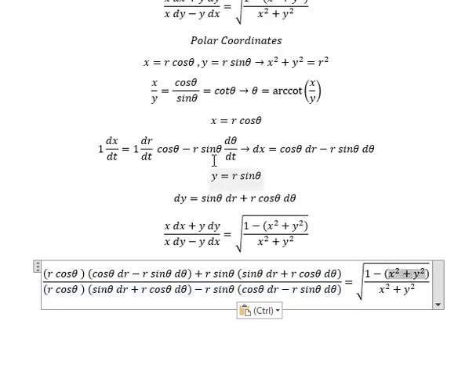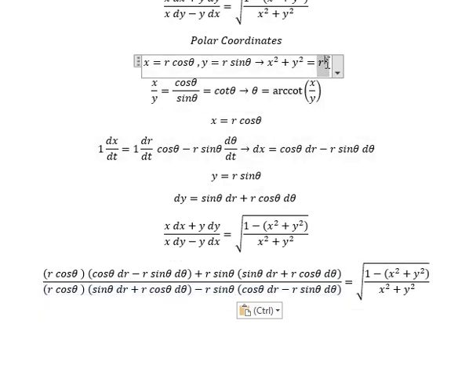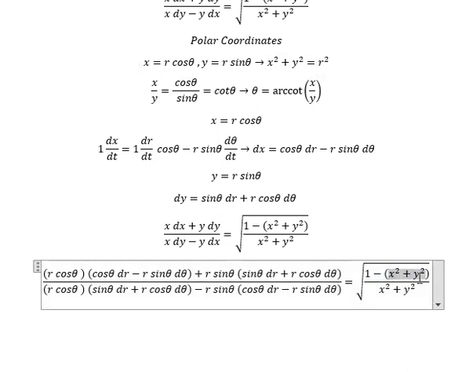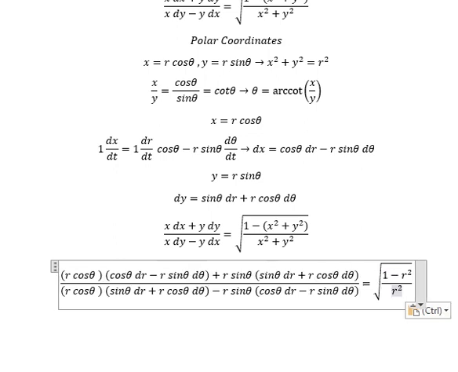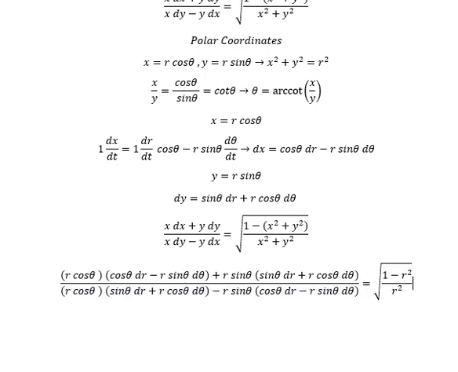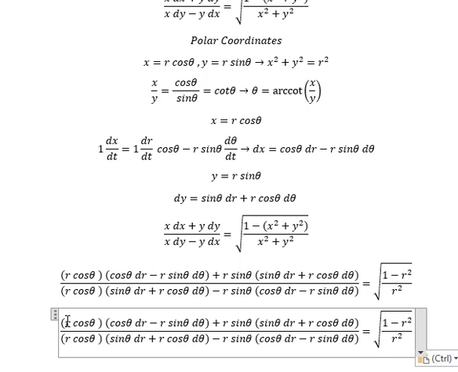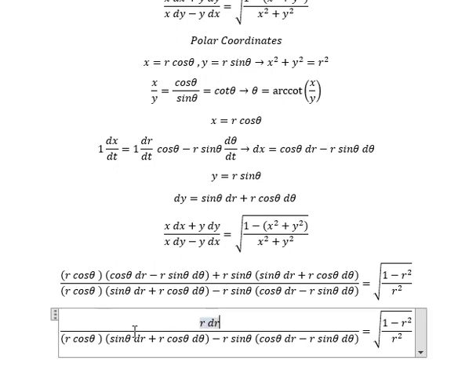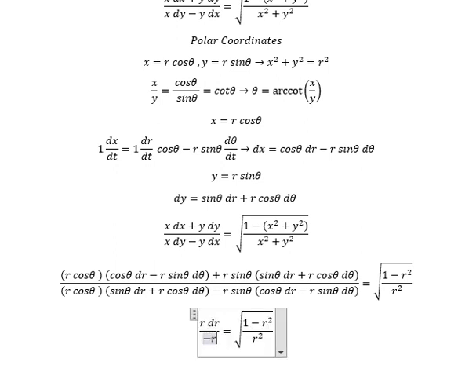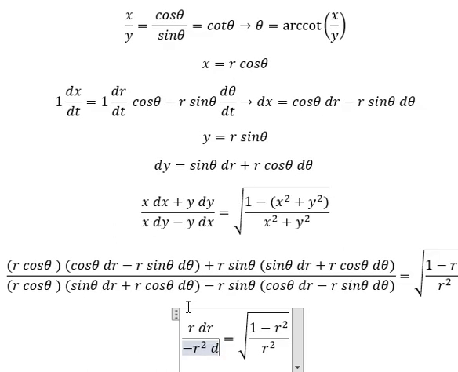This one we change to r squared in here. And now, if we simplify this one in here, we will have r dr. This one, if we simplify, we have negative r squared d theta.